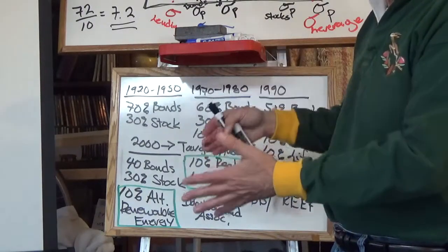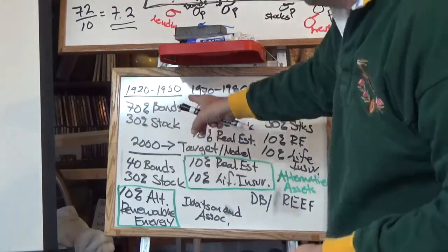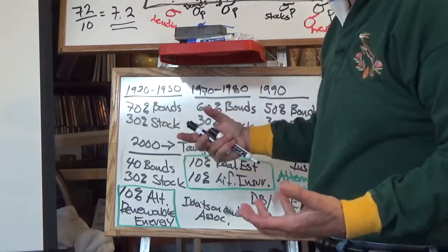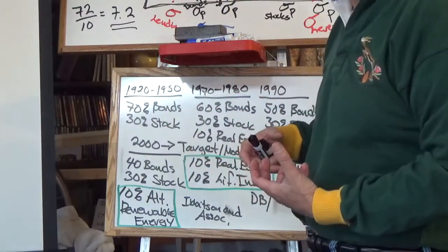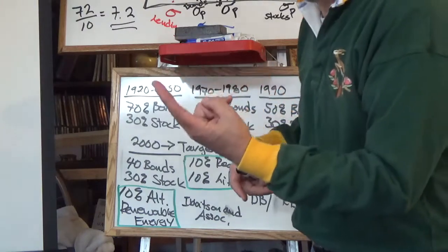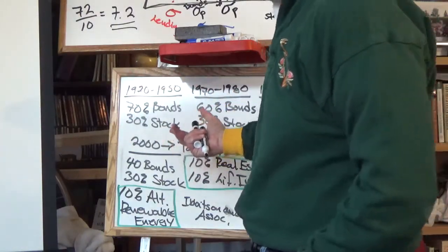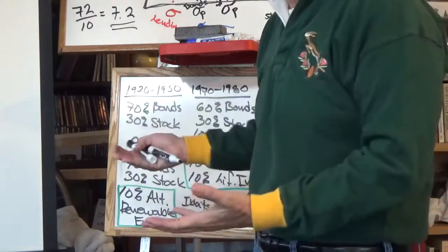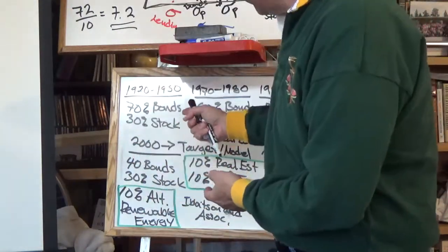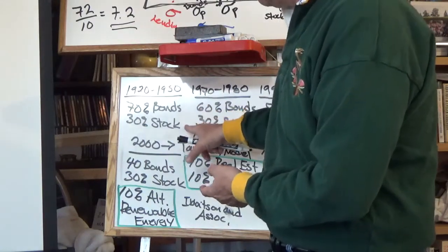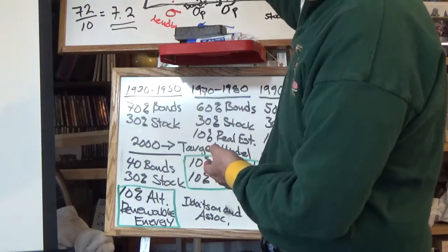If you go back in time, from the 20s through the 50s, if I had a client and they wanted me to build a portfolio, I was only restricted to two asset classes, bonds and stocks. And the allocation we recommended was 70% of your money in bonds and 30% in stocks. That was the market basket.